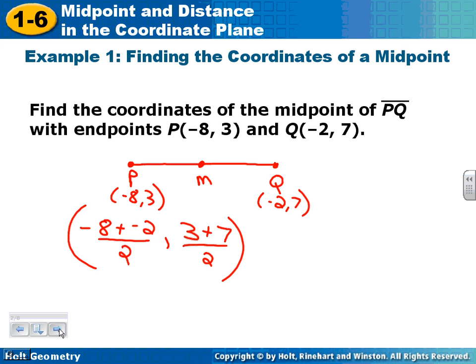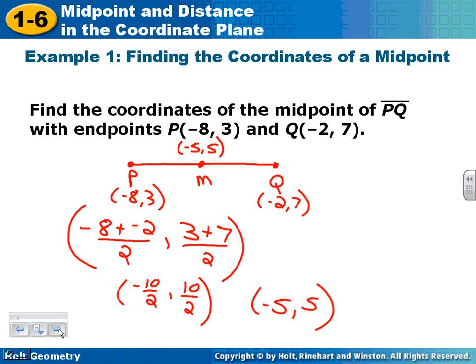So simplifying now, that would be negative 10 over 2, comma 3 and 7 makes positive 10 over 2. And I can simplify further to negative 5 and positive 5. So the midpoint of that line segment would be negative 5, comma 5.